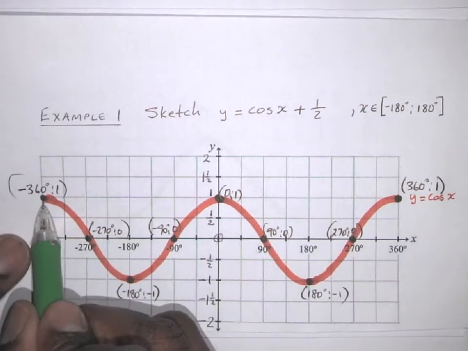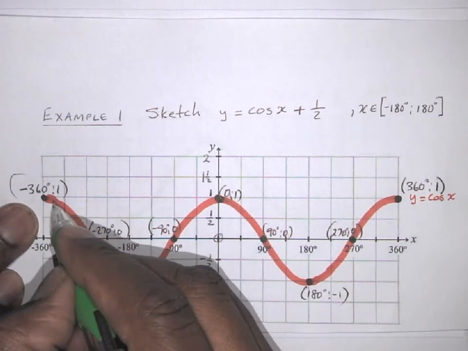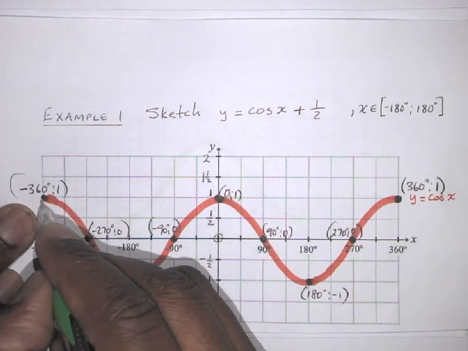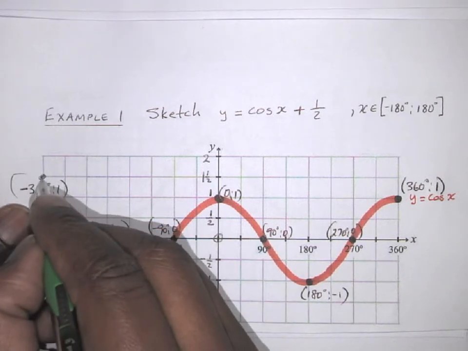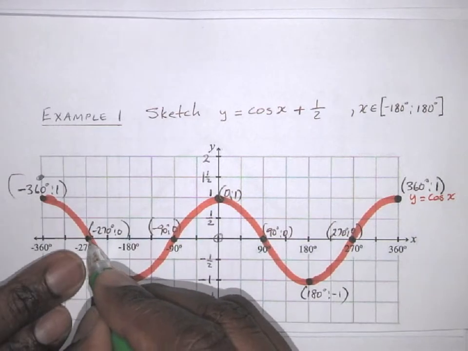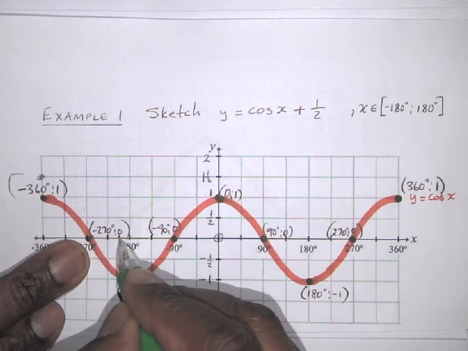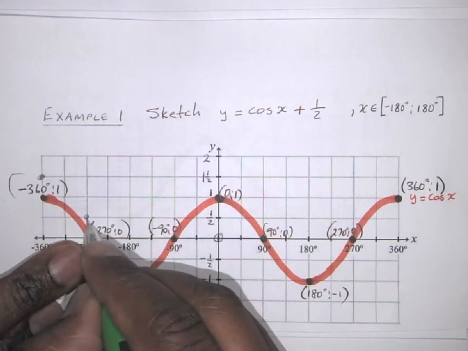So here the y is 1. I add half, so the point at minus 360 is now at 1.5. So the point would be up there. It means that the point shifts up. If I add a half to the y value, the point is there.